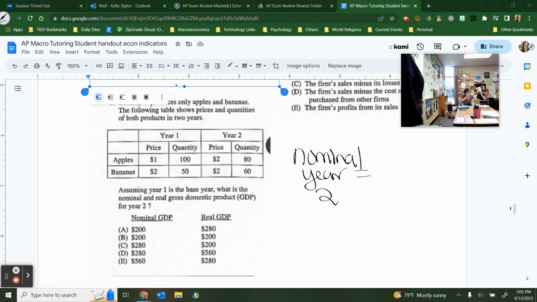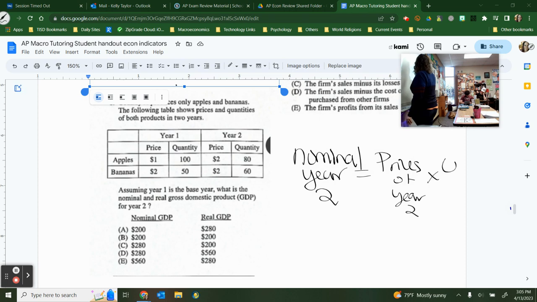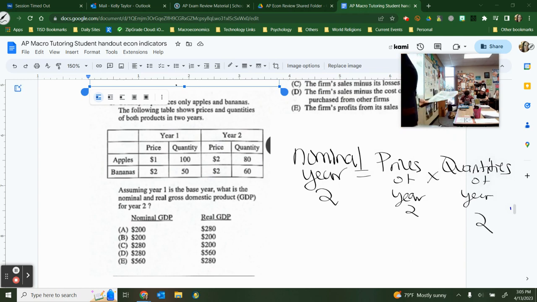All right, so if we're asking for nominal of year 2, what you're going to be doing is calculating the prices of year 2 times the quantities of year 2. So I'm just giving you equations. If you're asking for nominal of year whatever, year 2000, then it's the prices of year 2000 times the quantities.